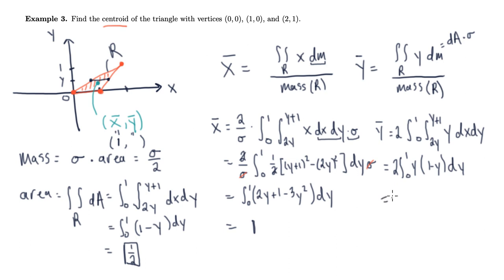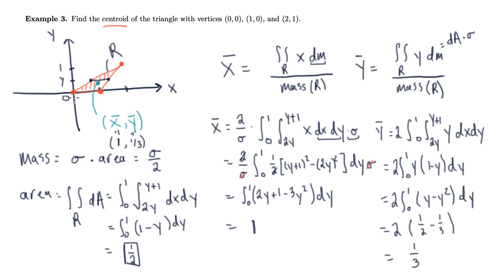Okay, so that's 2 times the integral from 0 to 1 of y minus y squared. And then this is going to be 2 times 1/2 minus 1/3. In other words, it's 1 minus 2/3, or 1/3. So the y-coordinate of the center of mass is 1/3.